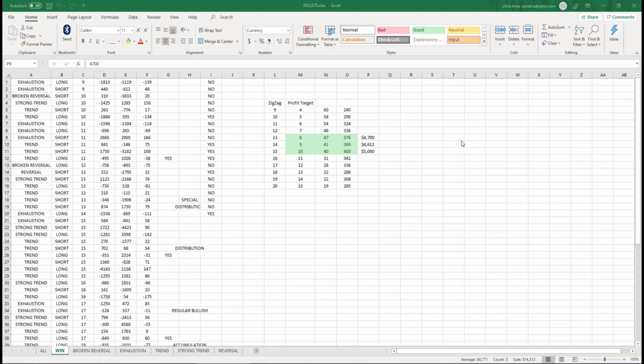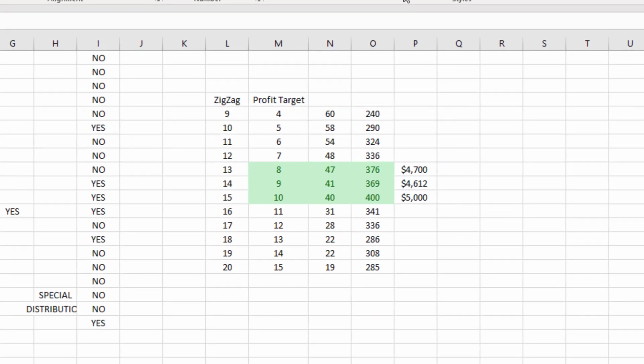Okay, I had a small error in the first video on this subject, so I'm coming back in to take out the part where I had the error and correct it. And the mistake I made in the first video is that I had the zigzag in this column here, and I created the results over here.